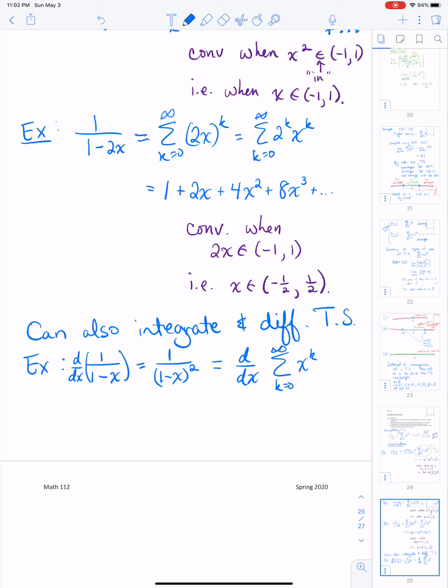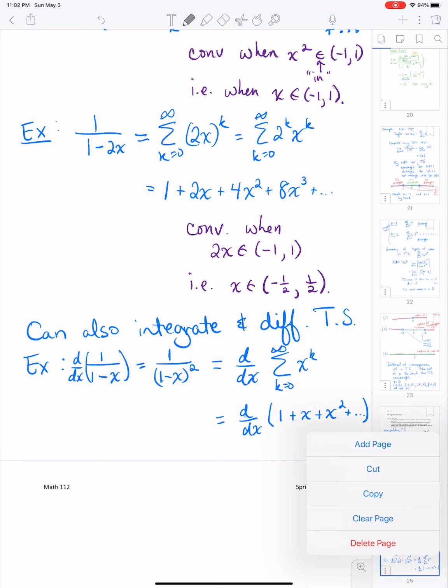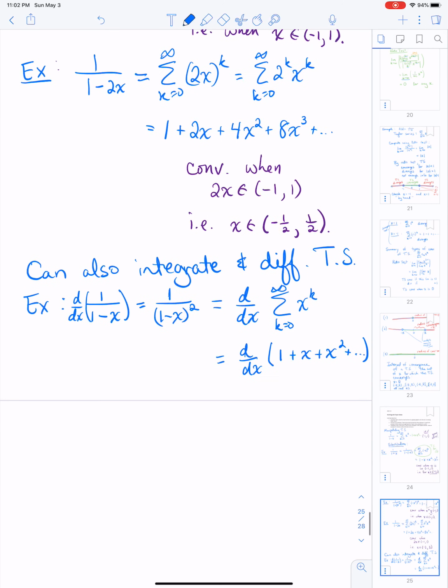And so I'm going to go ahead and write out all of those terms. Let me get another page in here.